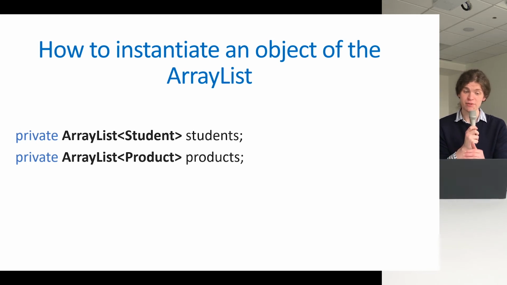And then likewise in the second example here, if I want to store objects of the Product class, I have to state that it's going to contain Product objects. Okay, and of course the scope on the furthest left as well, private in this case if it was to be contained within a given class. Okay, so that would give us an object of the array list.